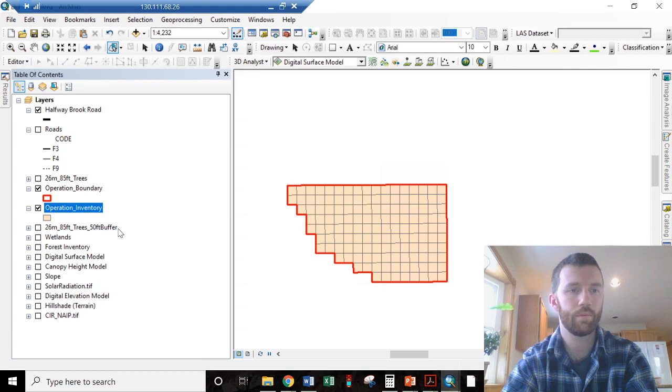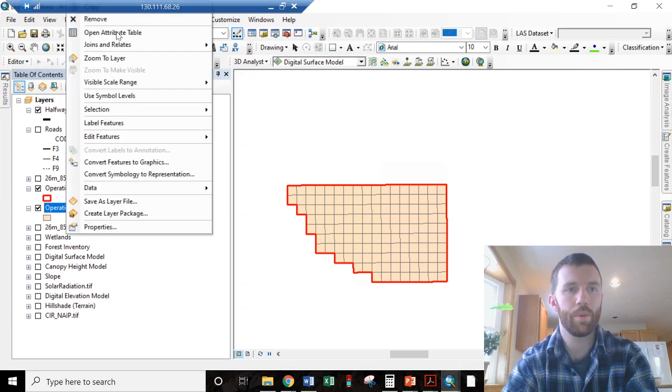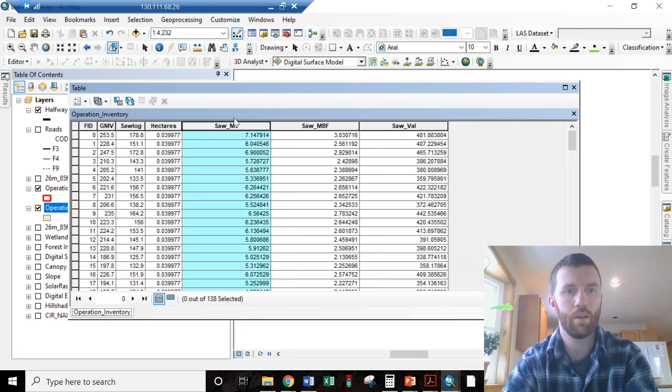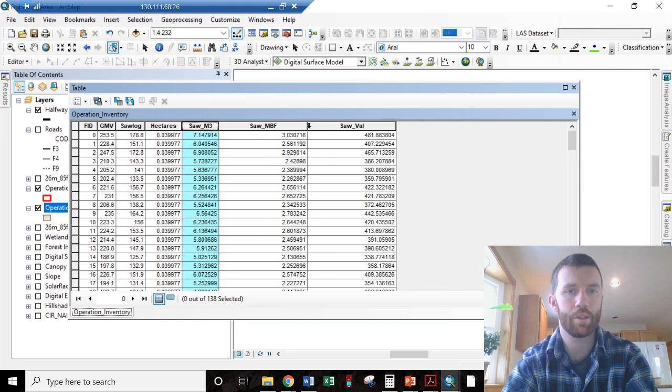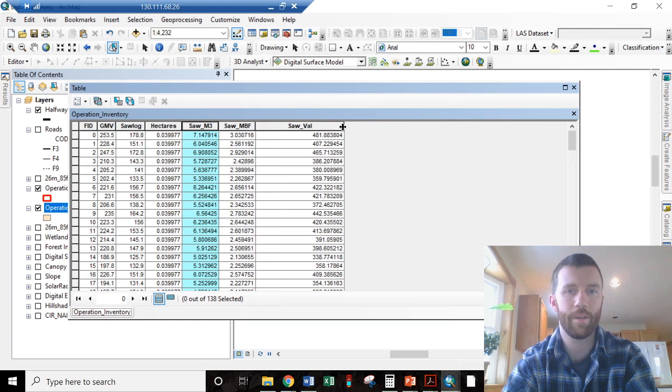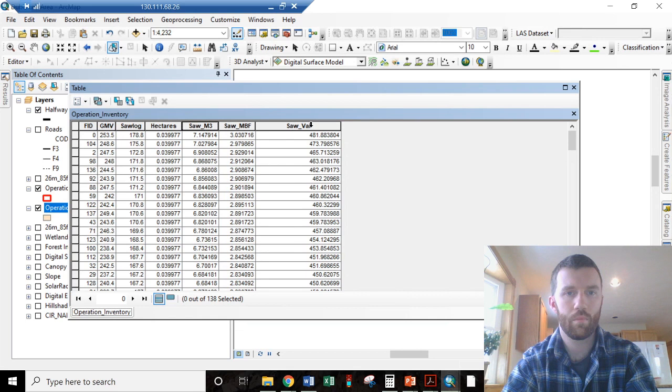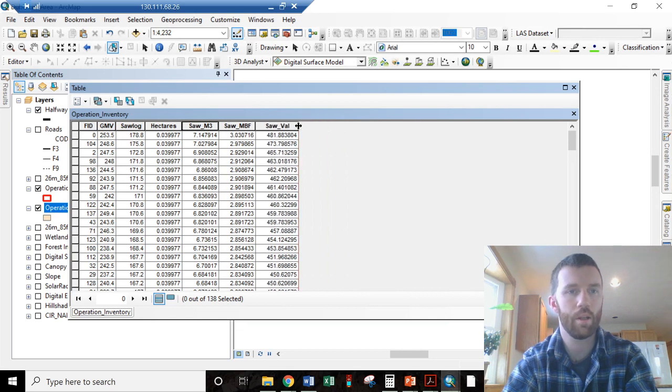Back in here, open the attribute table, and I'm just going to make those a little bit smaller. And I can just double click on that just like Excel, and it makes it fit. Unless it tries to sort from smallest to largest because it's silly.